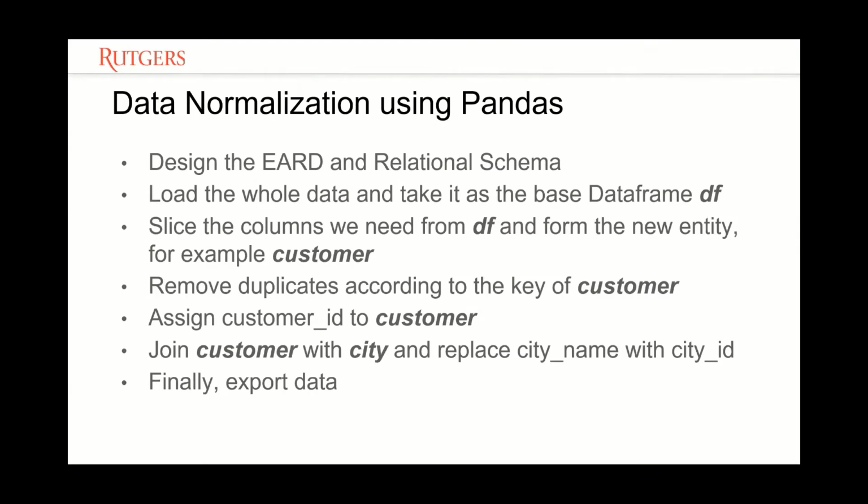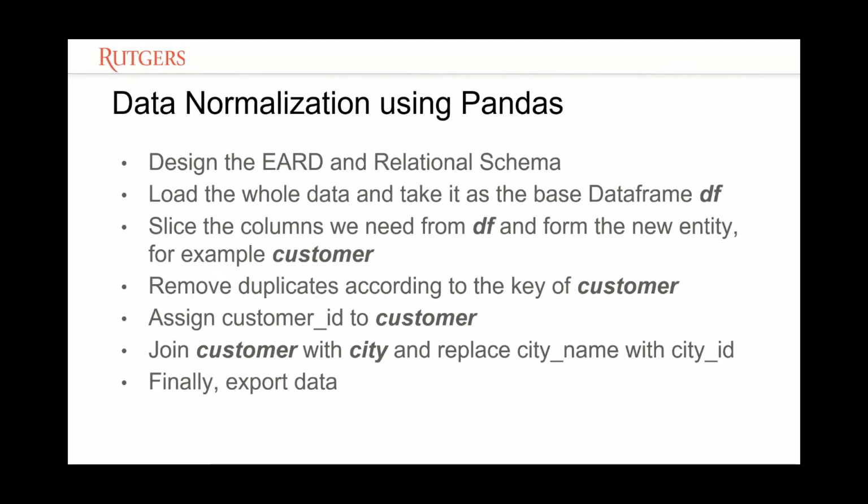Next, I will illustrate the detailed version of data normalization using pandas. After the first step, we need to load the whole data and take it as the base data frame df. And then we need to slice the columns we need from df and form the new entity, for example, customer, and then remove duplicates according to the key of customer, and then assign customer ID to customer.